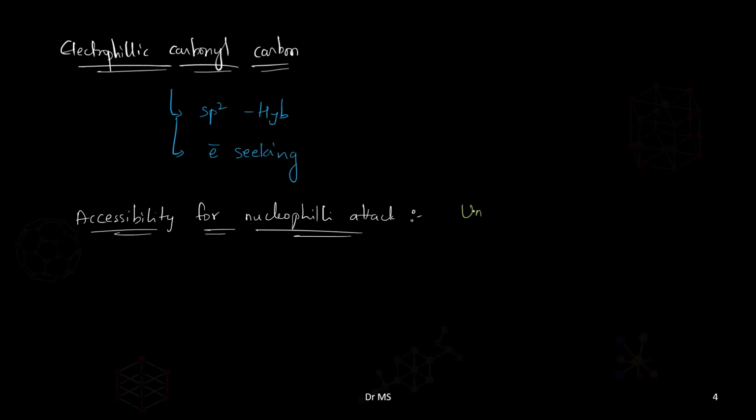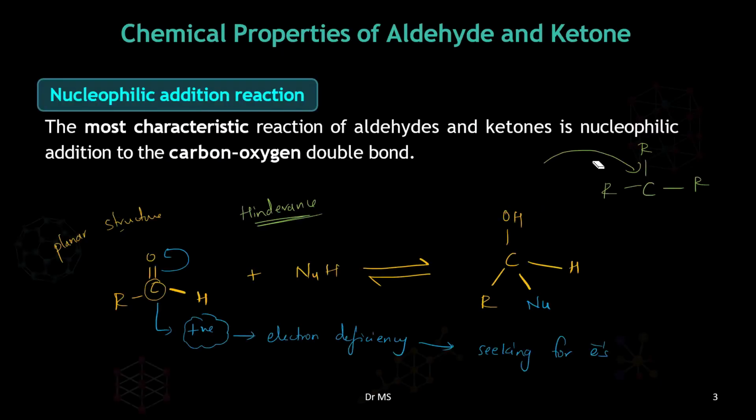If it is surrounded with a bulky group, what happens? It is very difficult for the nucleophile to approach the carbonyl carbon, because the bulky groups are obstructing it.